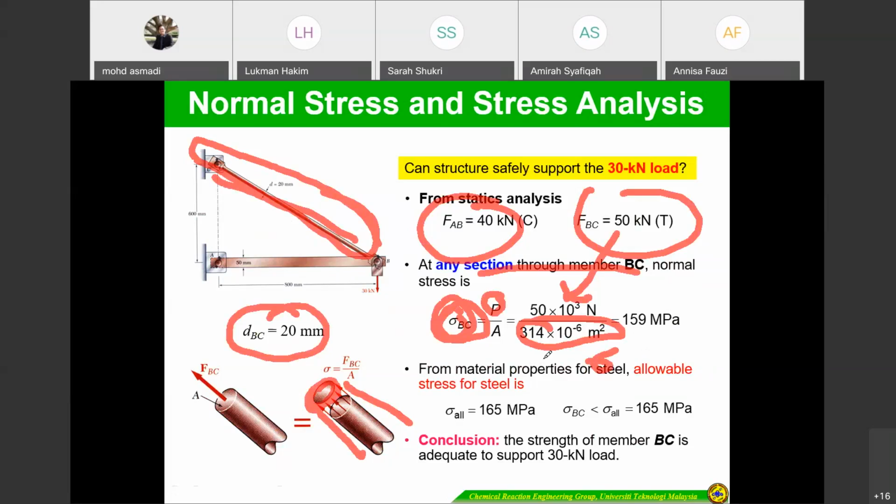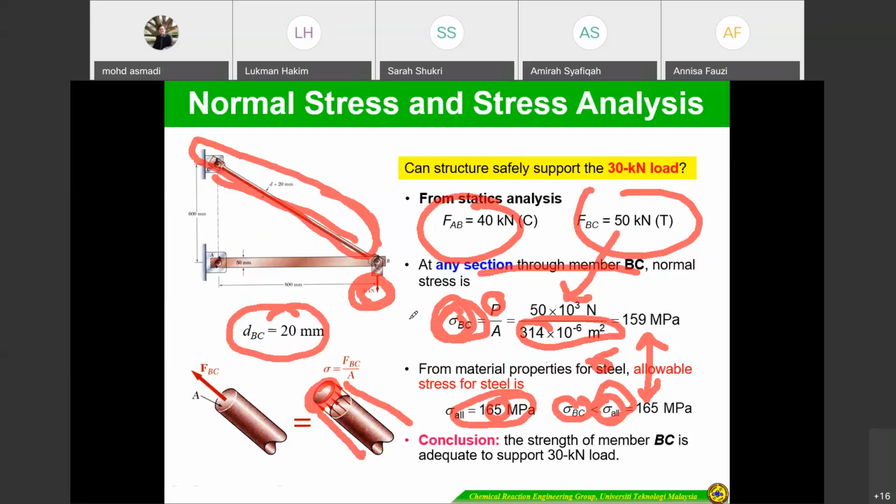From the material properties for the steel, allowable stress for the steel is 165 megapascal. So can this one stand with the 30 kilonewton of force? Yes, actually, since FBC is below sigma all, that is lower than 165 megapascal. So the conclusion, member BC is adequate to support 30 kilonewton of load.